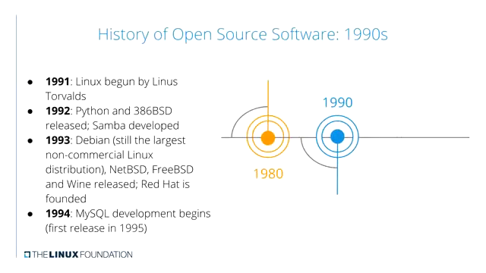In the 1990s, a student in Finland, Linus Torvalds, asked for some help in creating a new operating system, and that was the birth of Linux. The Python language was released in 1992. Other variants of open operating systems, such as 386BSD, were released.